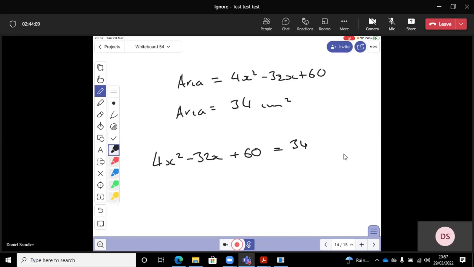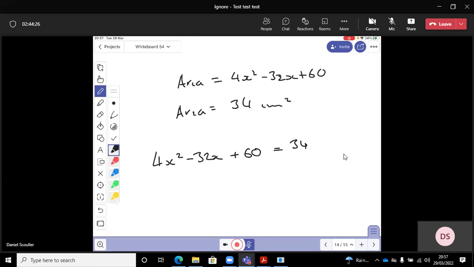So we are looking for values of x where that equation would work out to be true. So we're looking for a missing value. Okay, now to do that, we're effectively finding the roots of that quadratic.